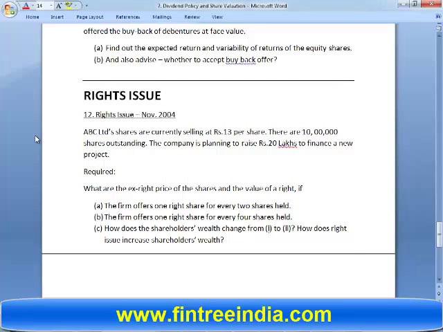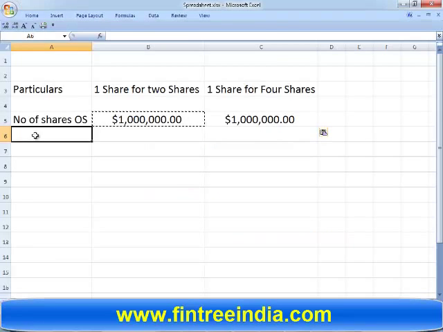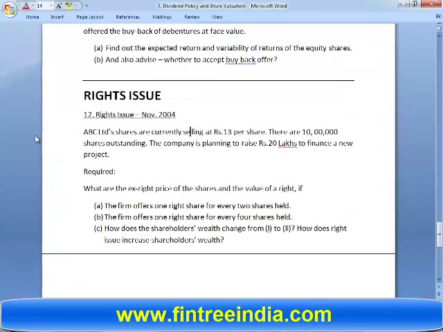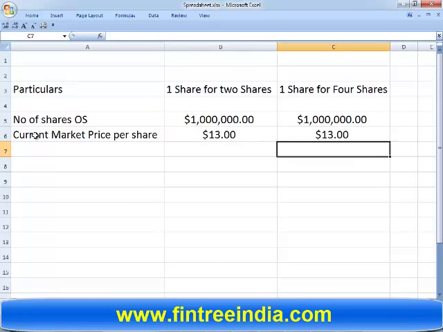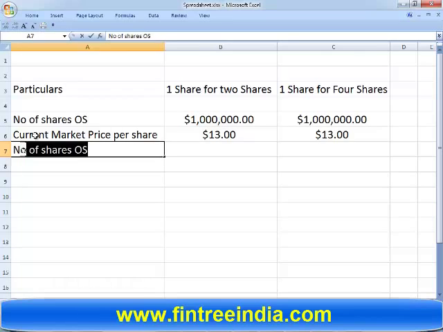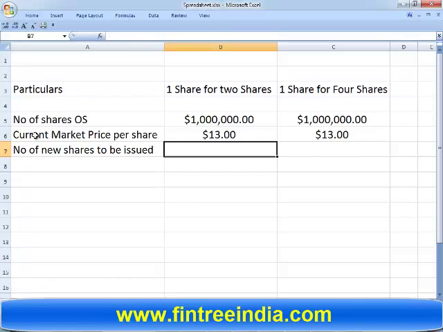Second, the current market price per share is rupees 13 per share. Number of new shares to be issued: one share for every 2 shares held.